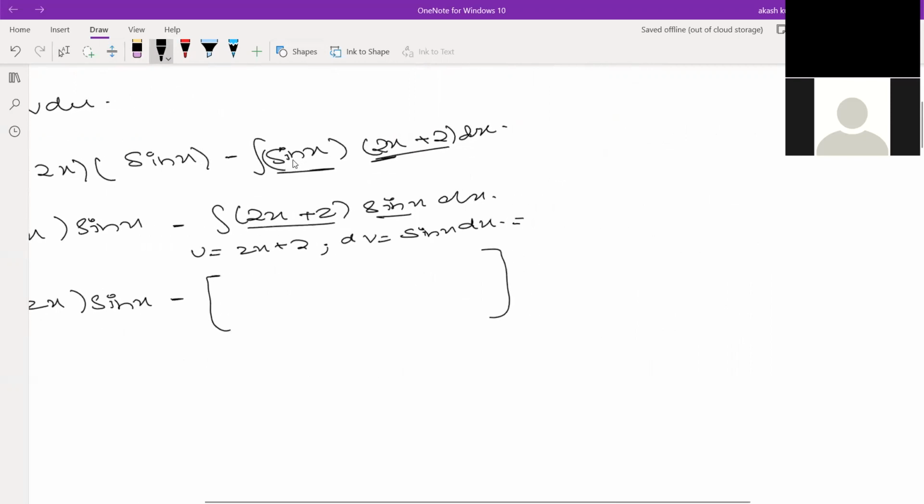So our du will be 2, and the integral of dv will become v, and the integral of sin is minus cos x.